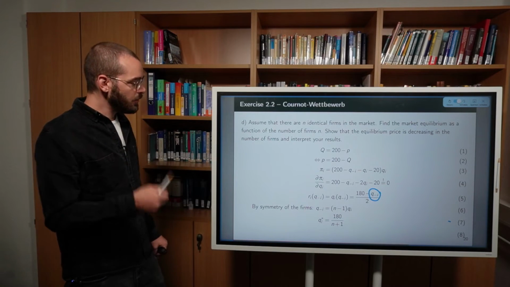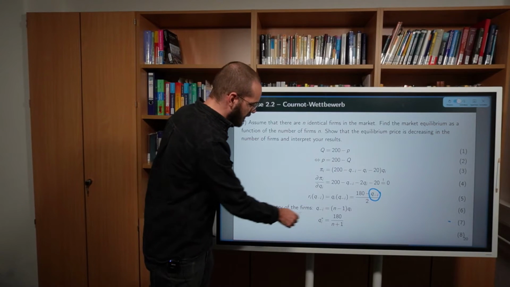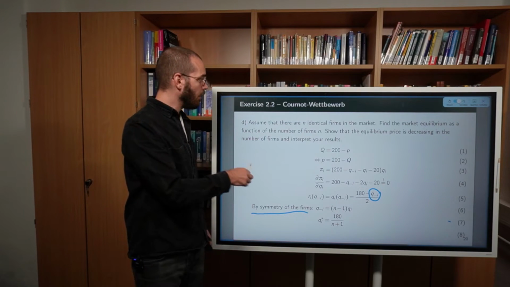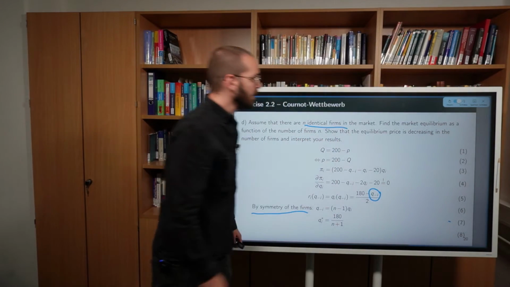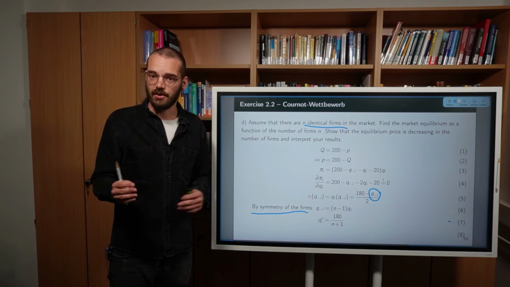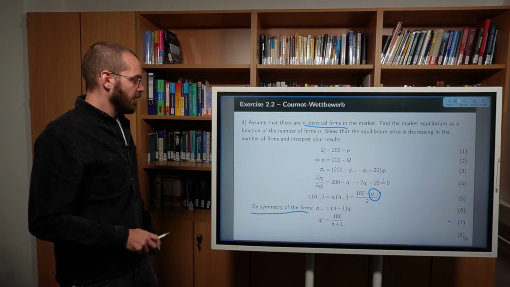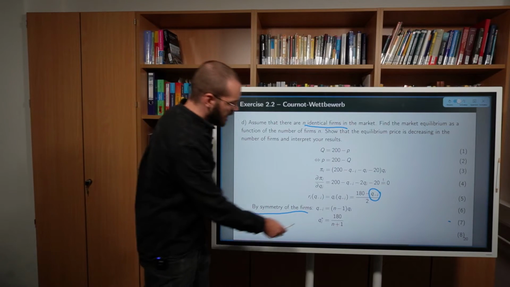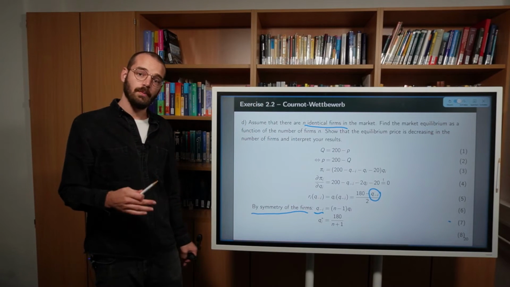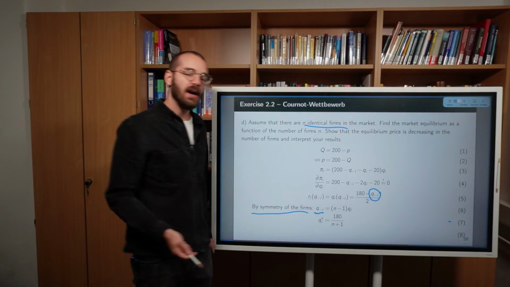And what we can use in order to solve is that the firms again are symmetric in the case that we are analyzing. We have assumed that all firms are identical, all firms are facing the same demand function, all firms have the same cost function, just as we did previously for two firms. And knowing this, we can state that the combined quantity of all other firms, so Q minus i, equals n minus 1 times Qi.